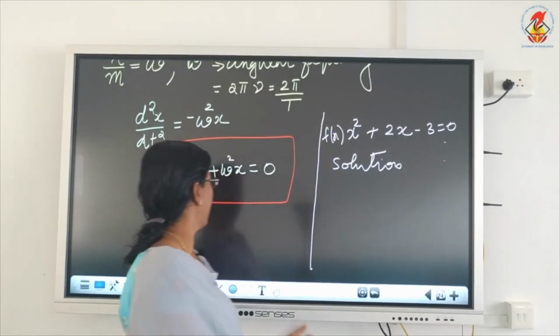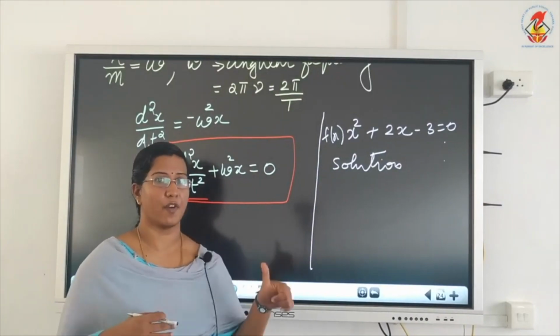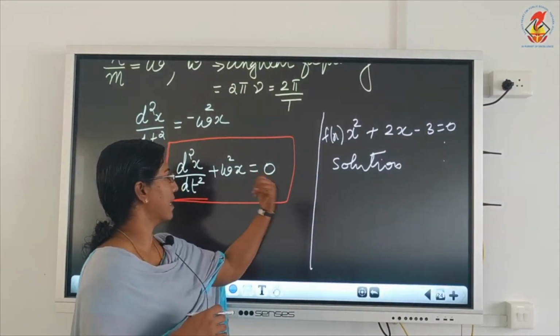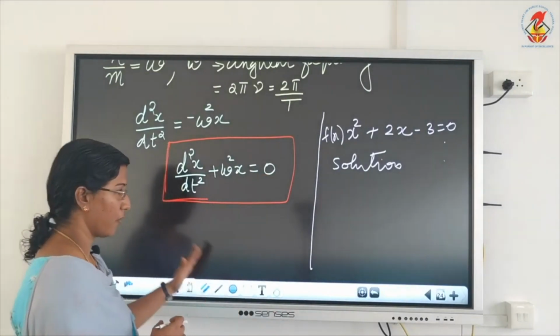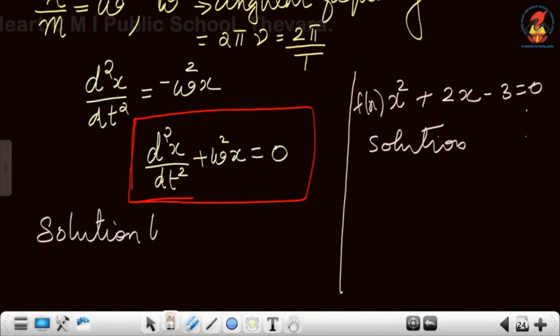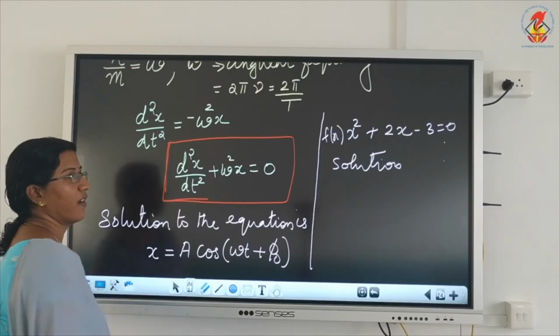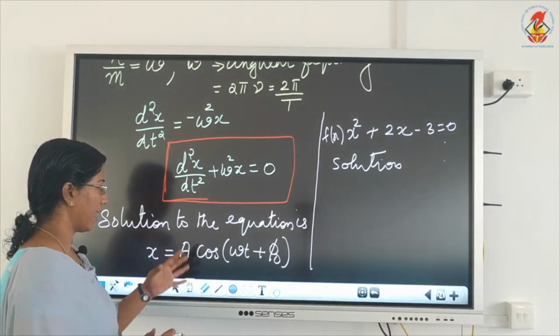The same way, a differential equation also has a solution, which means when we substitute certain periodic functions into this equation, we will get the value equal to 0. And in the case of simple harmonic motion, the solution to the equation is x is equal to A cos(omega t plus phi 0).